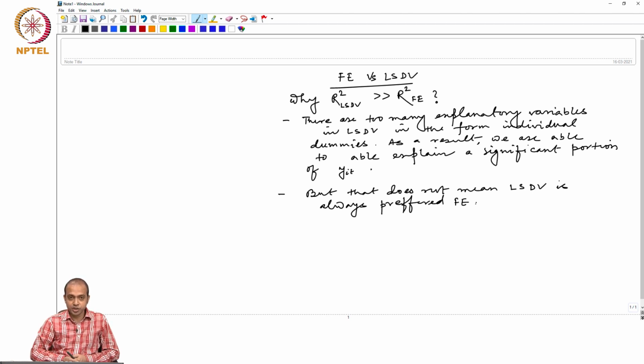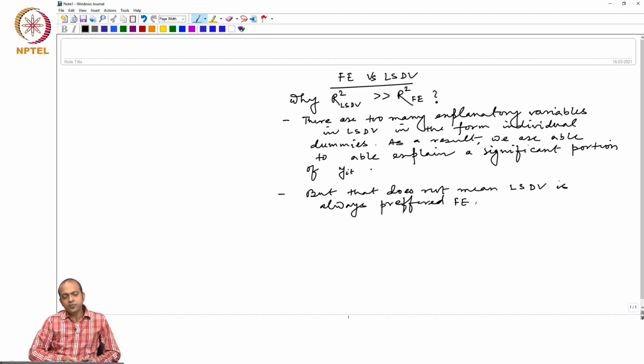There should be a proper justification. When there are too many observations, we cannot actually apply LSDV because of the degrees of freedom problem, and sometimes it would be practically impossible to estimate. That is one thing I would like to mention upfront.